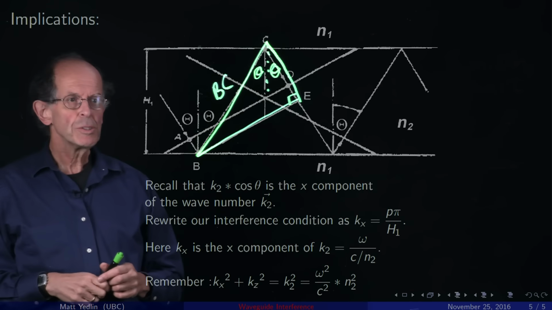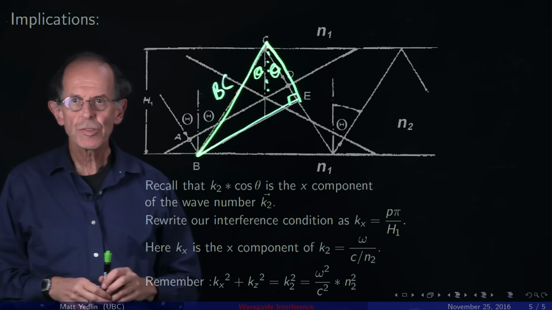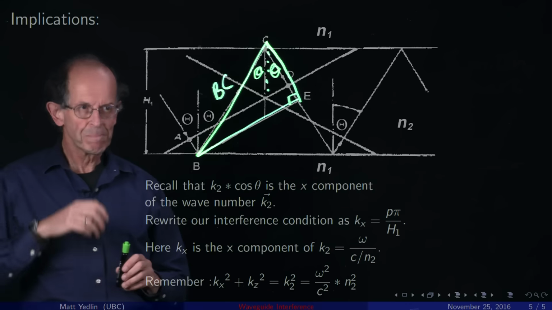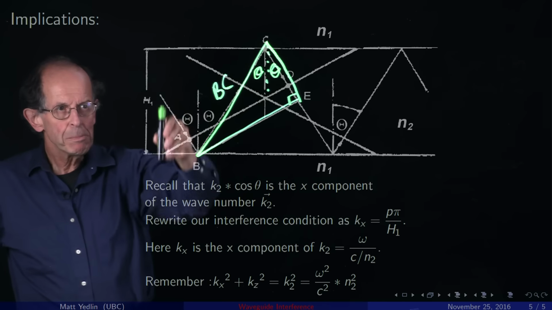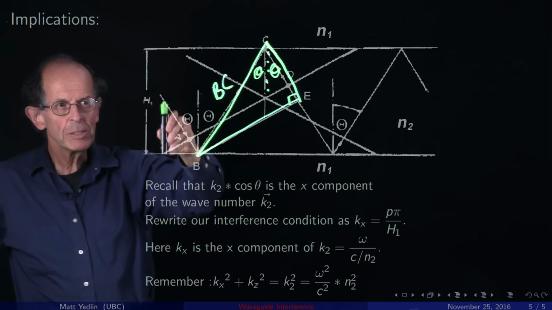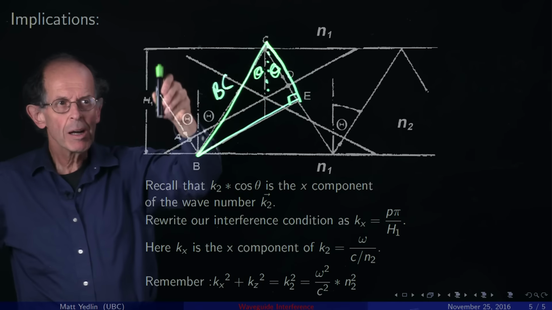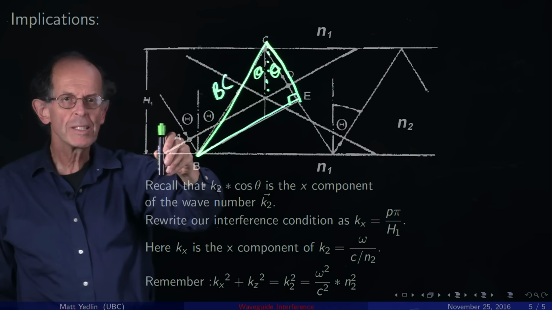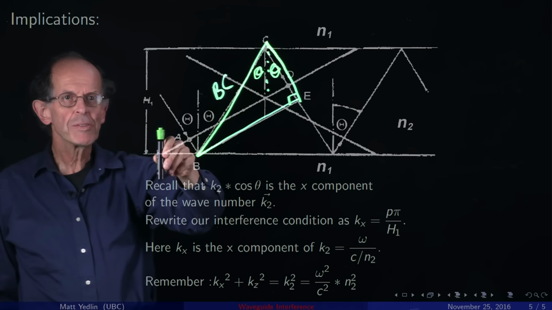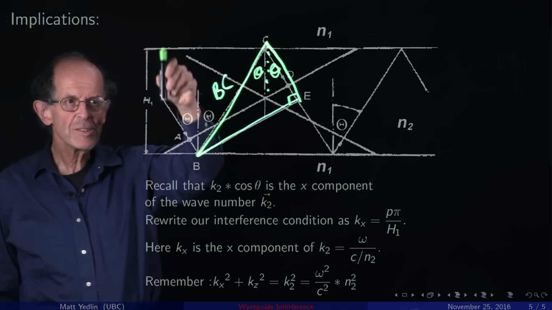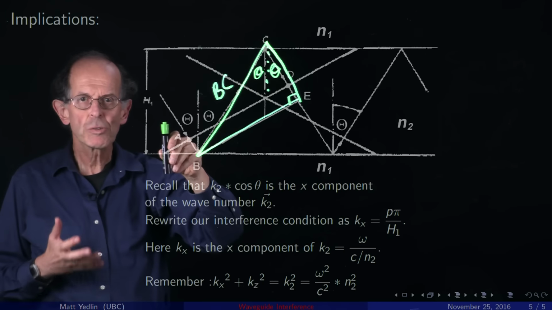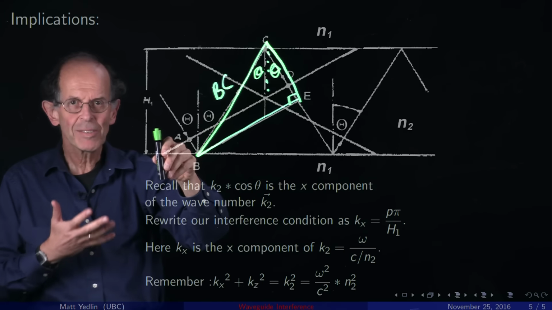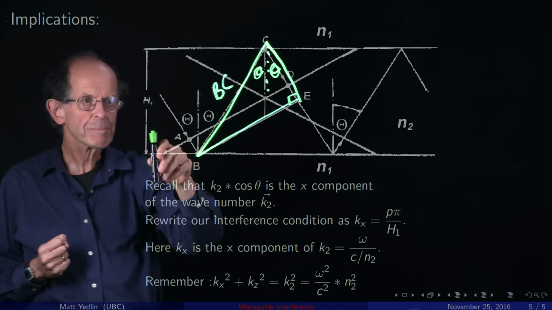Recall that k2 cos theta is the x component of our wave number, k2. So in much of the literature, you'll see this method called the transverse matching method or the transverse phase construction method. And we've come up with it straight geometrically to get the basic idea.